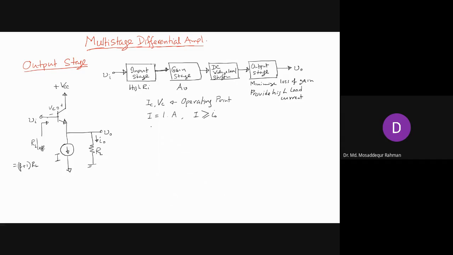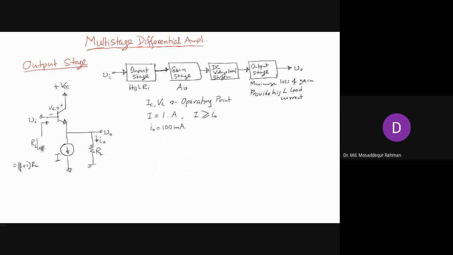And let's say that the I naught you require is 100 milliampere, right? And you take a bias current of 1 ampere. Obviously, that will satisfy your whole requirement for all range of values from 0 to 100 milliampere.